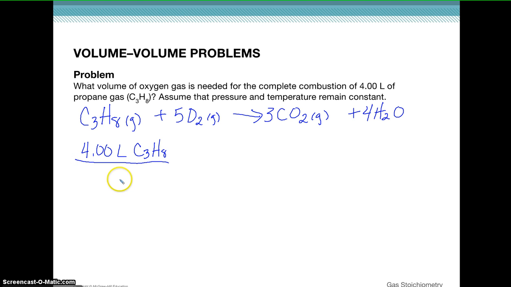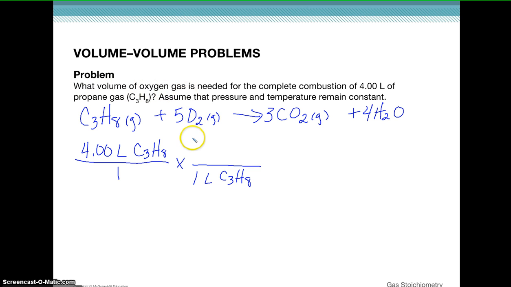Okay. Now, because the temperature and pressure don't change, we can use that ratio in our balanced equation as a volume ratio, just like we could use it as a mole ratio. So, 1 liter of C3H8 will produce, let's see, what are we asking?